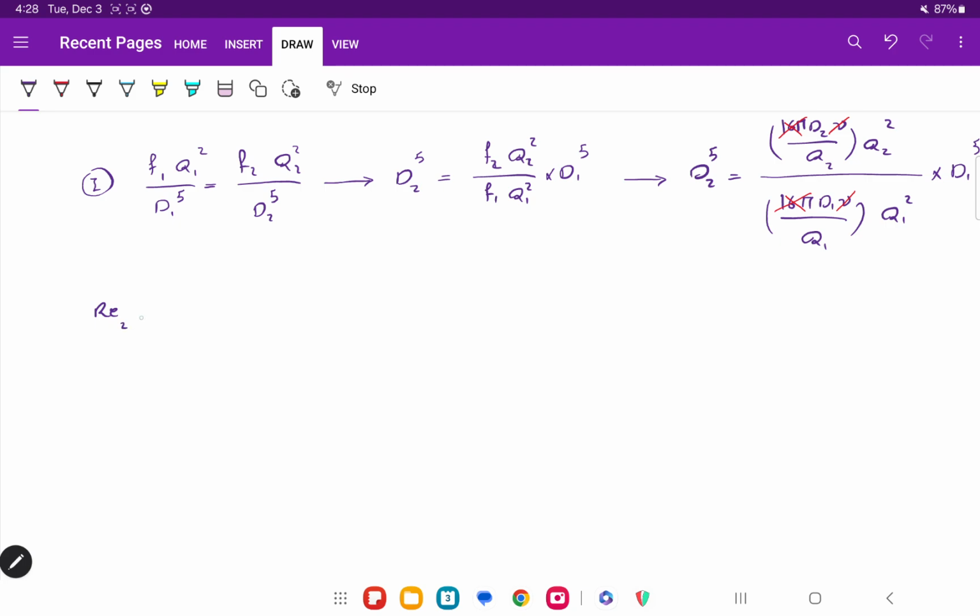Reynolds number in the second situation equals 4 rho q2 over pi d2 mu, and if you calculate it, you will find that it's equal to 1860. So it's below the critical Reynolds number and we are still in the laminar region. So the assumption was correct and we don't need to change anything.